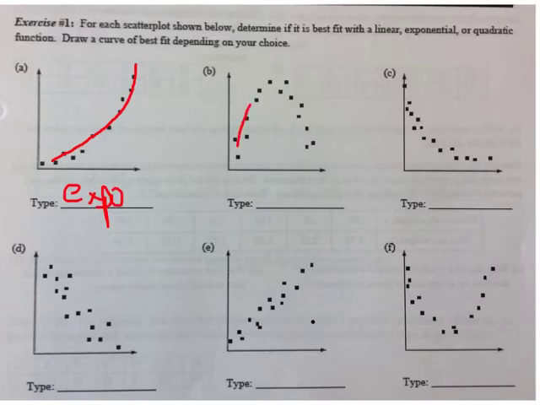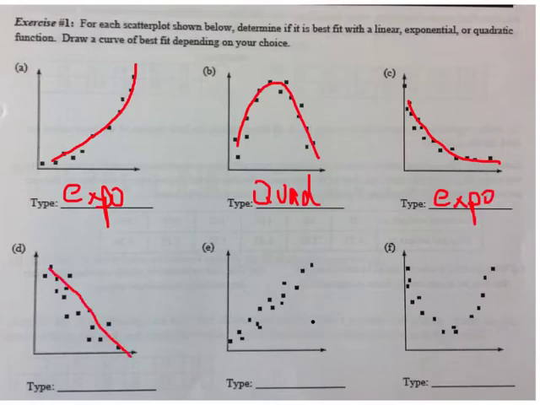B, talk about my curve, and it should look like that, and that's my quadratic. My C is a decay of exponential. My D is straightforward linear.